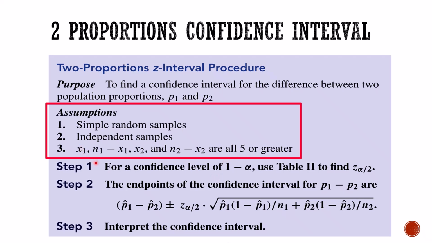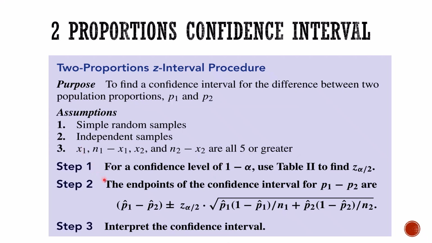In step 1, since we are using the z distribution, we will be using our table to find z of alpha by 2. So whatever percentage confidence interval you are using, you have to convert that to alpha by dividing that percentage by 100, and then you have to divide that alpha value by 2. Correct? That is for any confidence interval.